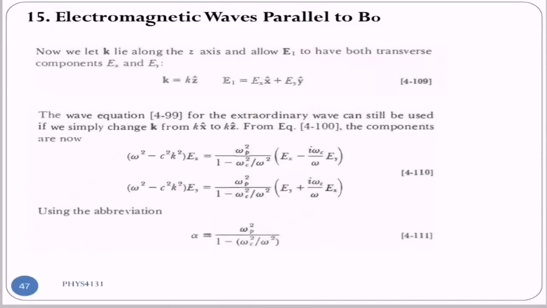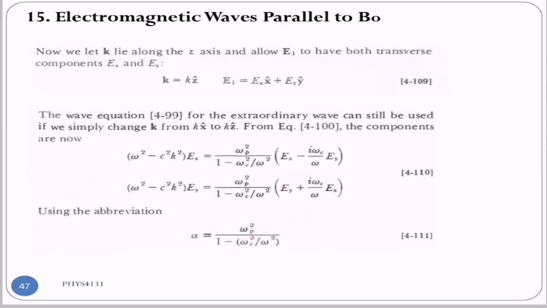To study electromagnetic waves parallel to B naught, we let k lie along the z-axis and allow E1 to have both transverse components Ex and Ey. Then we have k equal to kz hat, E1 equal to Ex x hat plus Ey y hat.